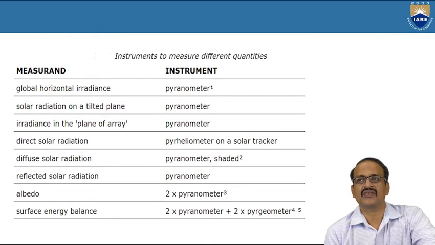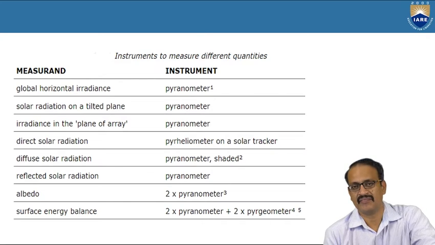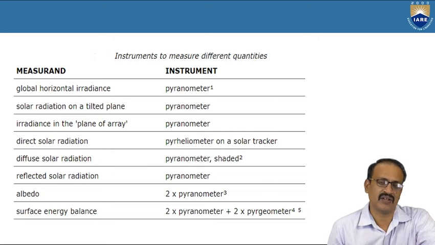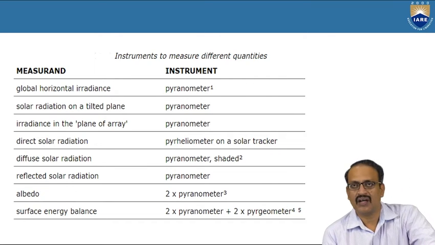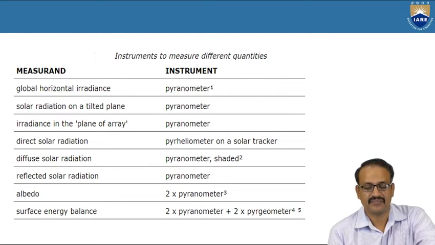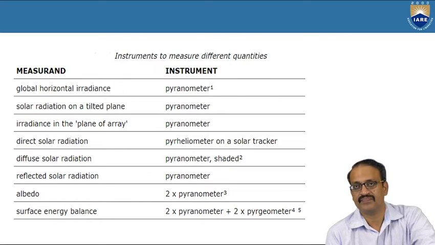Okay, we are going to use the pyranometer. Irradiance in the plane of array: again, we are using the pyranometer. And direct solar radiation, here it is the pyheliometer.